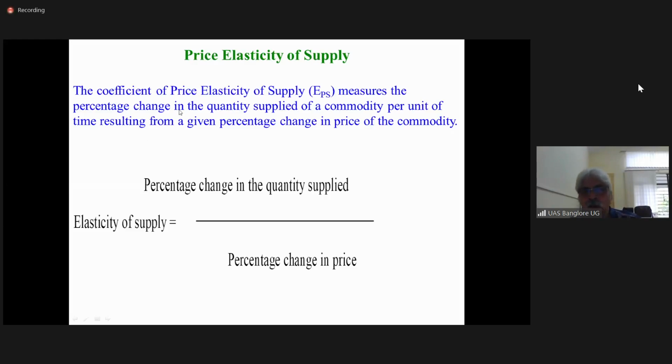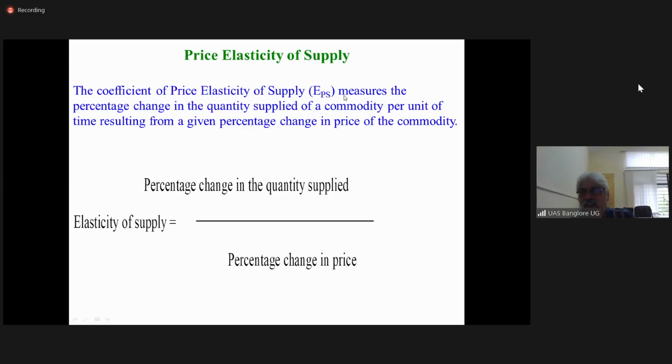The coefficient of price elasticity of supply: instead of EP which we used for demand, here we add S to denote supply. E for elasticity, P for price, S for supply.